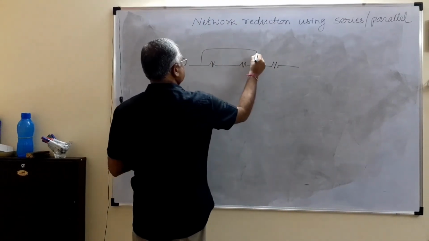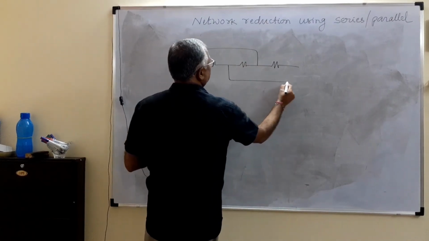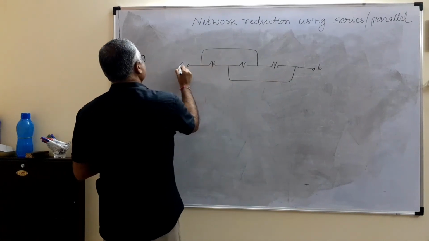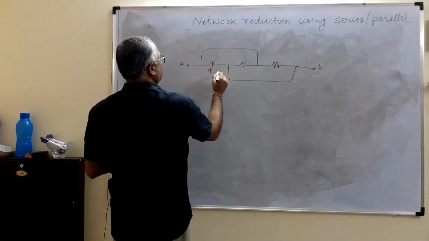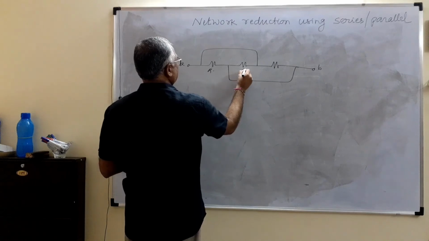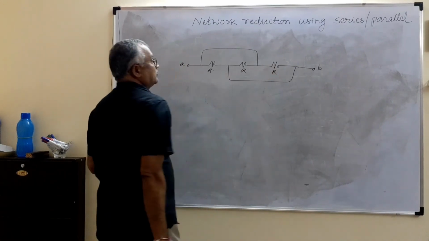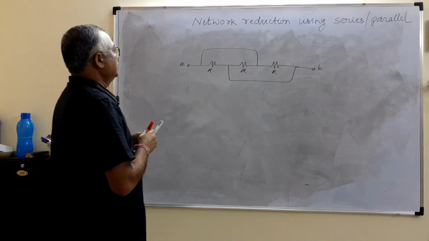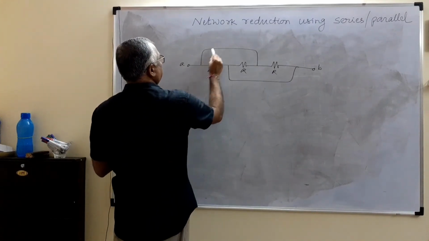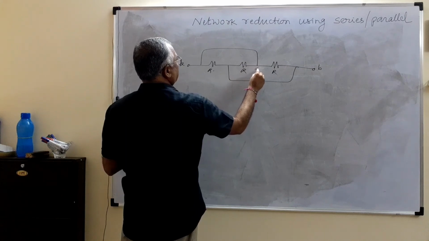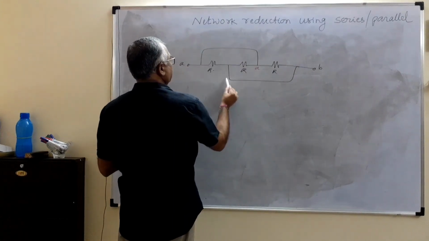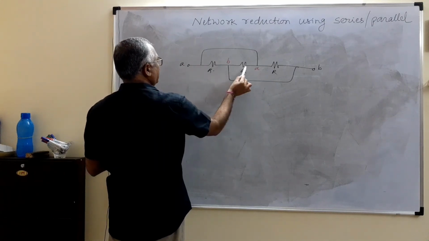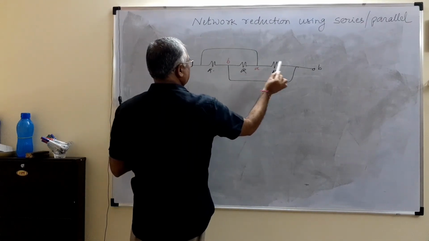How to answer this? So this is A, this also A. This is B, this also B. R across AB, R across AB, R across AB.